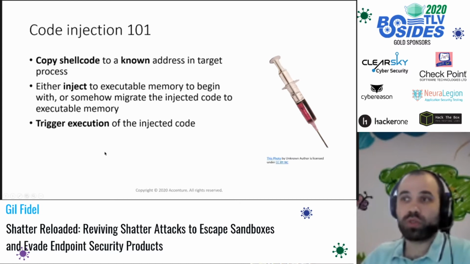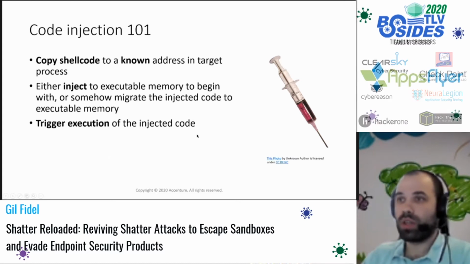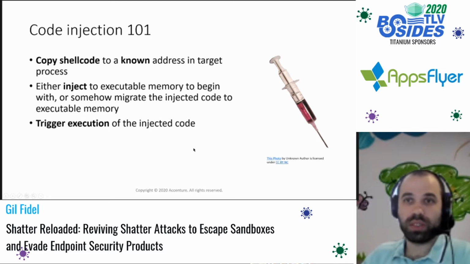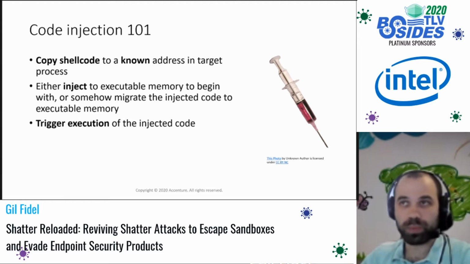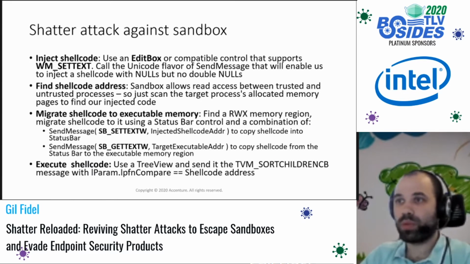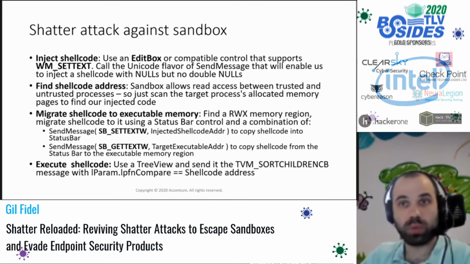And eventually we need to trigger execution. At this stage, we have the trigger, which is the tree view sorting message. We still need to find a way to copy our shellcode into executable memory in the process, which is what we're going to show now. Okay, so this is a high-level overview of what we did.